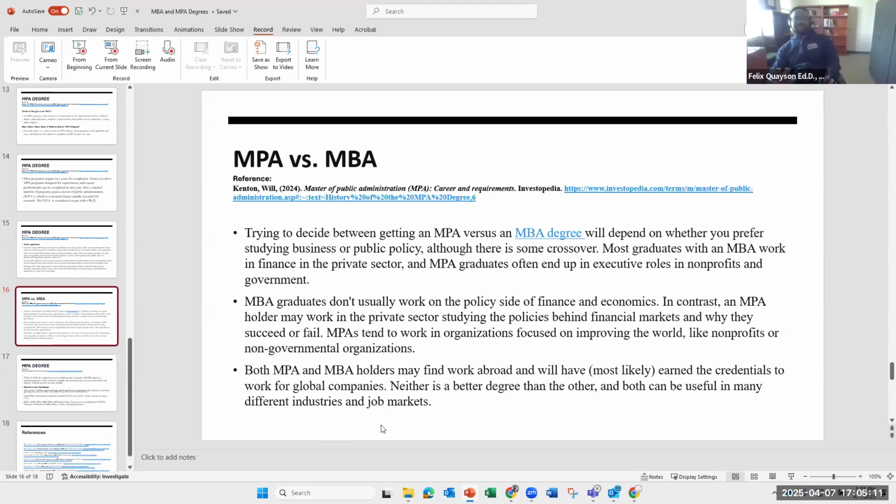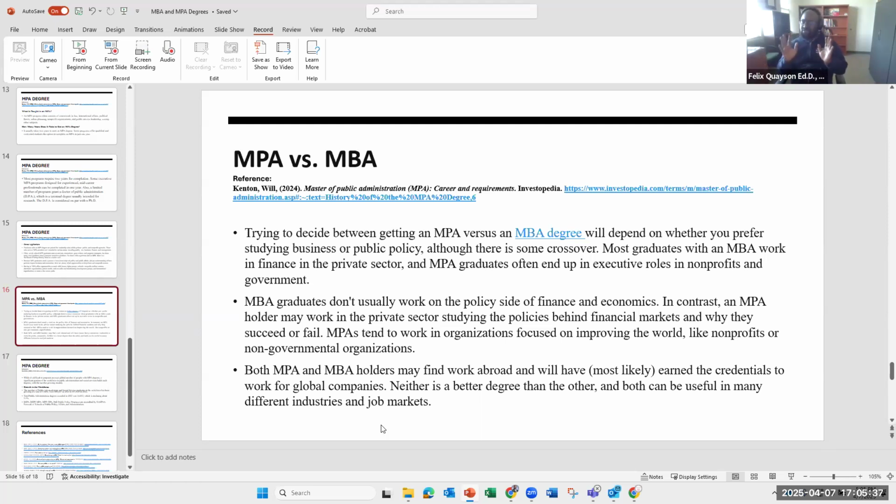Now, if you are trying to decide between the MPA and the MBA, which I title MPA versus MBA, between getting an MPA, which is the Master of Public Administration, versus an MBA degree, which is the Master of Business Administration, it really will depend on whether you prefer studying business or public policy.